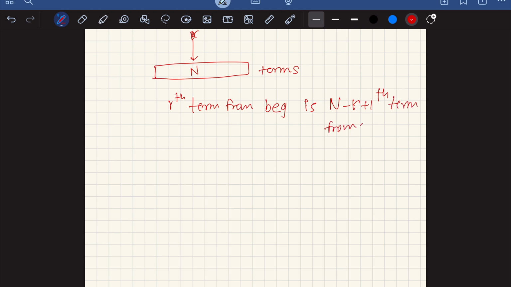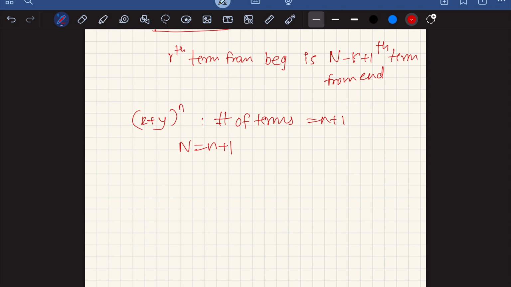Is this okay with everyone? And now the thing that was pointed out was, if you have x plus y to the n, then the number of terms that you see here is n plus 1. So that's why you have capital N equal to n plus 1. Is this fine?